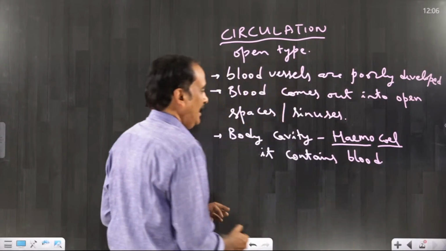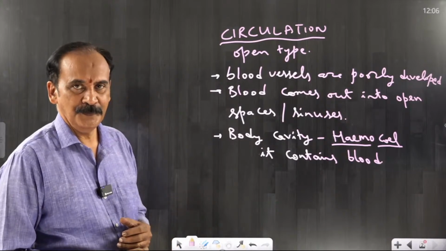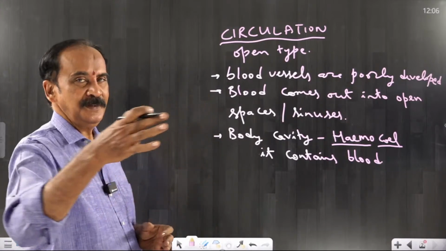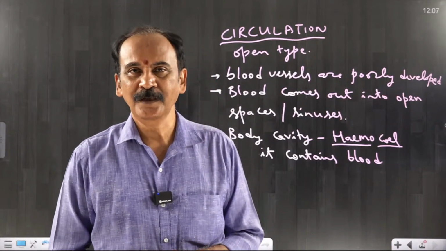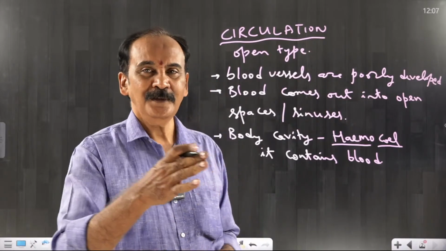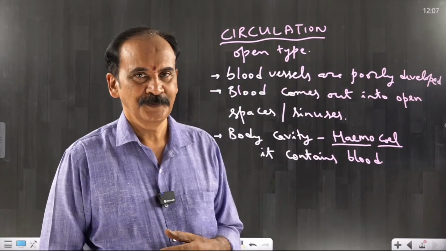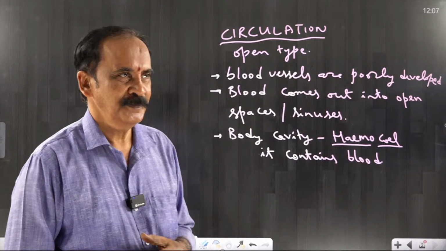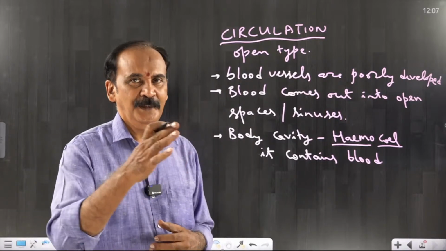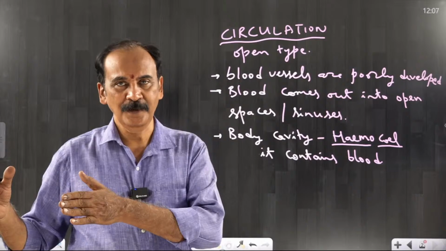That's why it is called the hemocoel. So you may have an assertion like: body cavity in cockroach is called hemocoel. A reason statement may be like: it is filled with blood. Then what may be the answer? Assertion is, in cockroach the body cavity is called hemocoel.